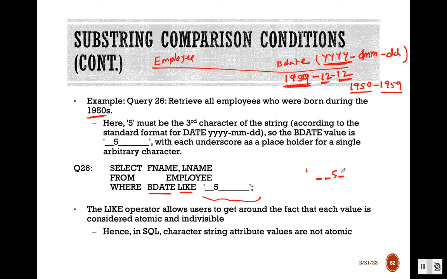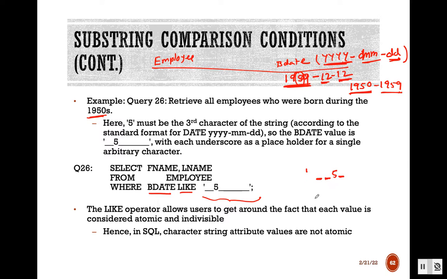So this pattern is saying that in this format of bdate, the third digit is going to be 5. If the third digit is 5, that means his birthday is somewhere between 1950 and 1959. Now we don't care what the month value or the date value is.